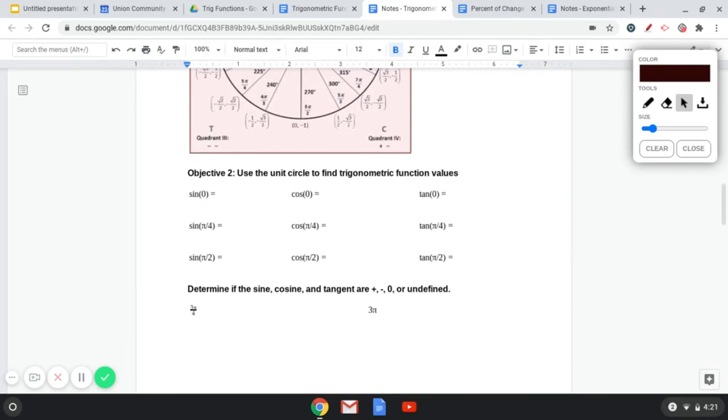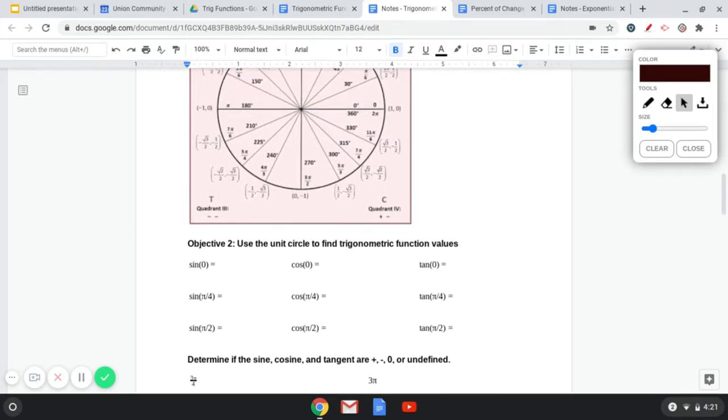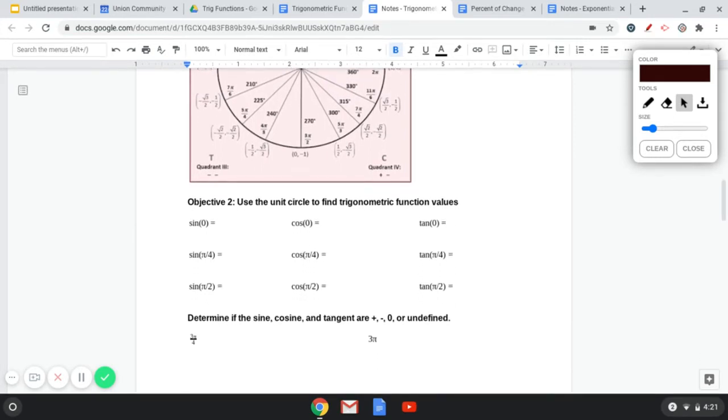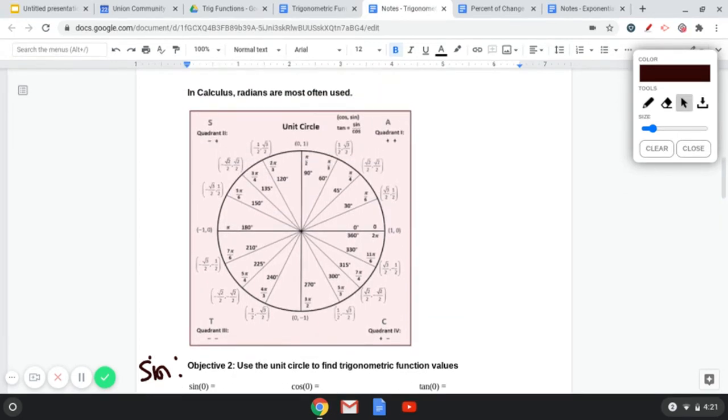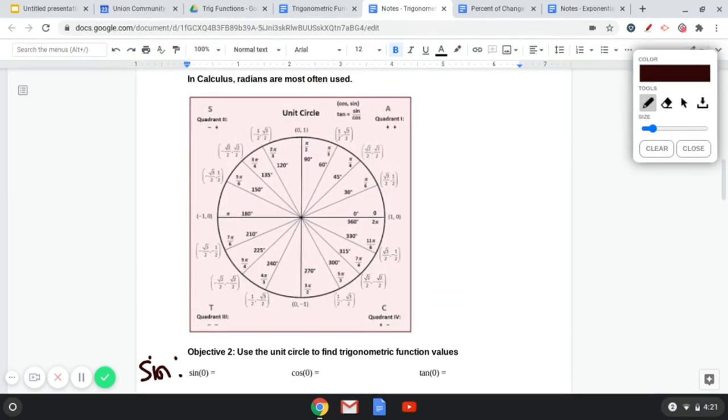Okay, and then this last one, determine if the sine, cosine, tangent are positive, negative, 0, or undefined. So 3 pi over 4, I can show kind of like this. I'm going to have to write this up here, but just keep in mind if you're working on the paper, I'm still with you.